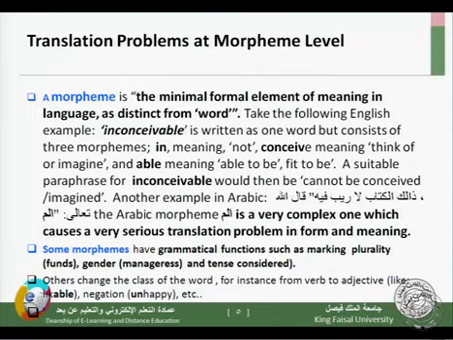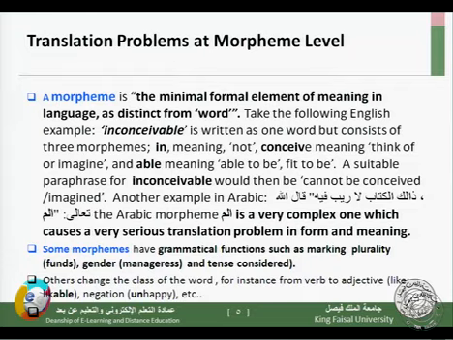I cannot imagine a blue whale lying on the beach in Jeddah. Do you understand? This is how you use inconceivable. So what you are saying is really inconceivable. I can't think of a whale lying on the beach in Jeddah. Now, this is just an example about morphemes in English.